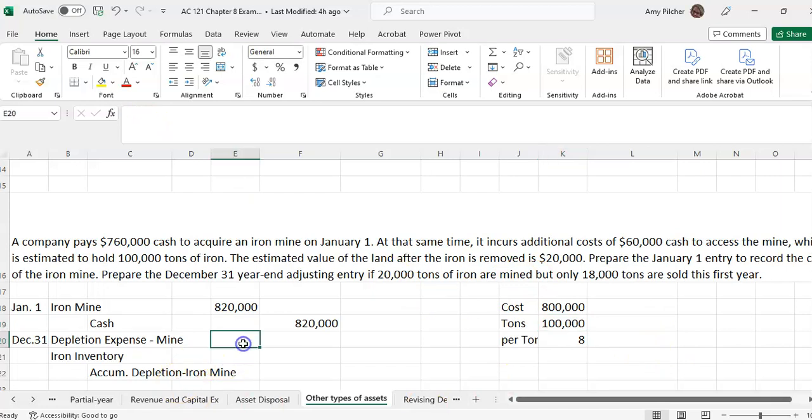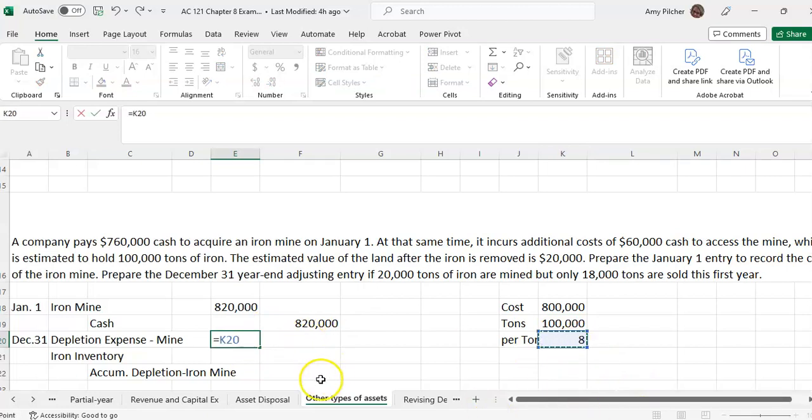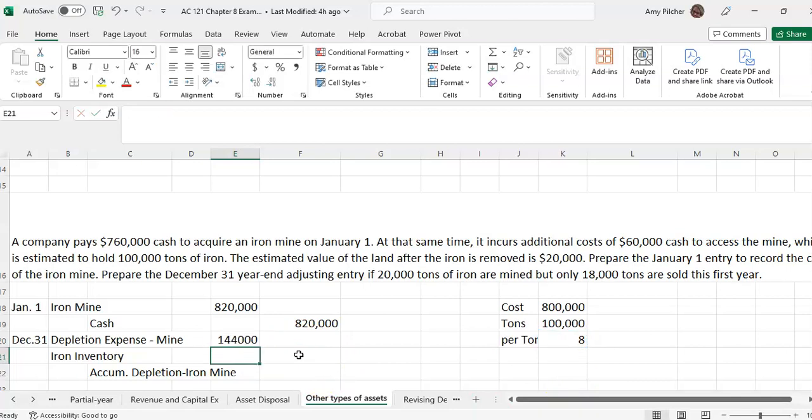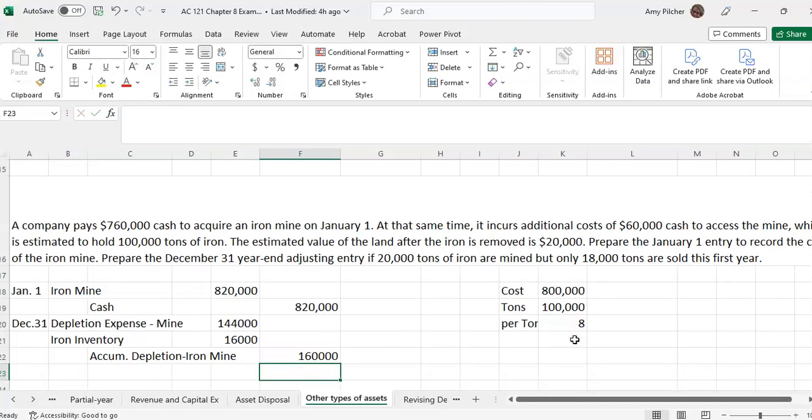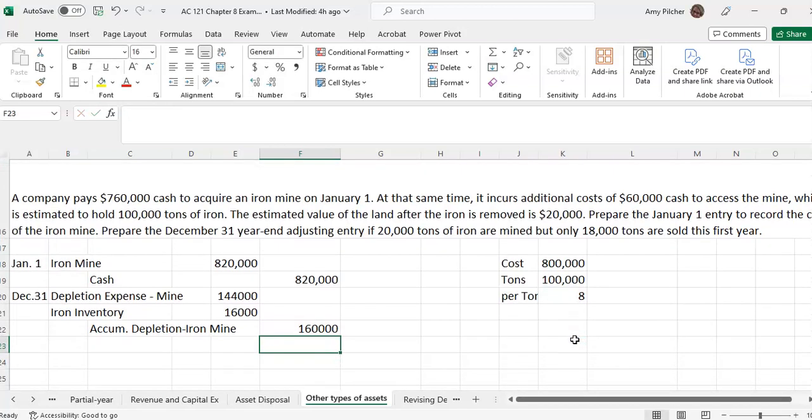So we depleted 20,000. So 8 times that. We sold 18,000. We still have 2,000 in stock. And our accumulated depreciation is 8 times the full 20,000. Okay.